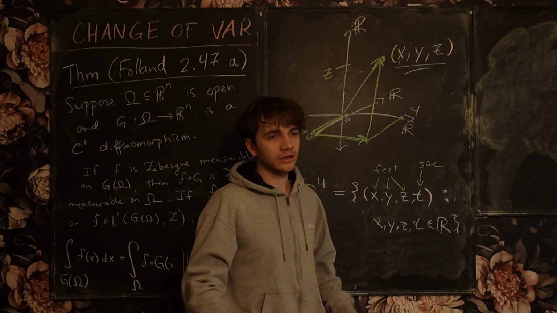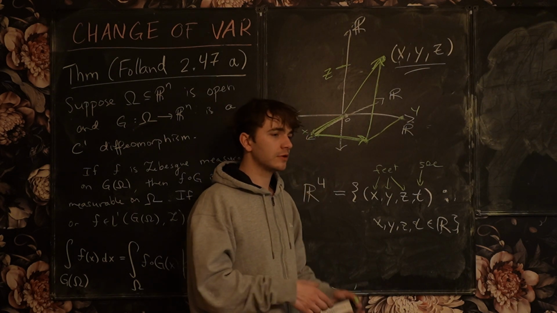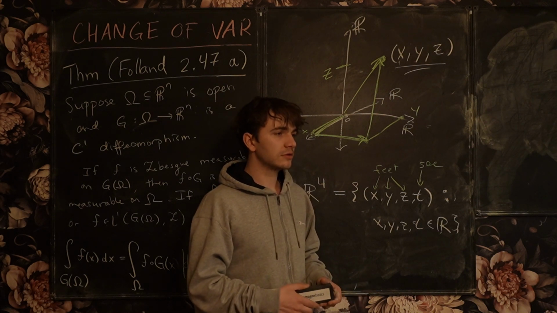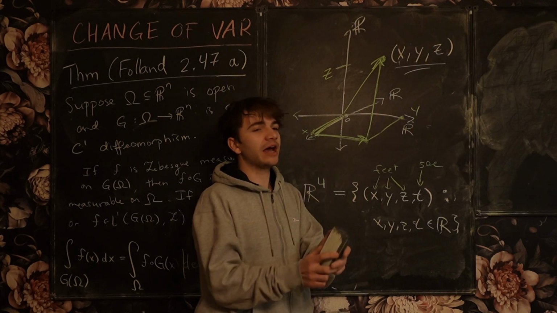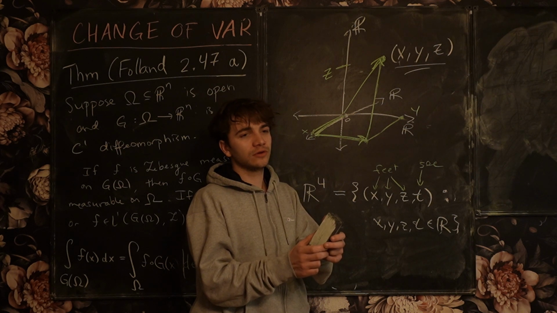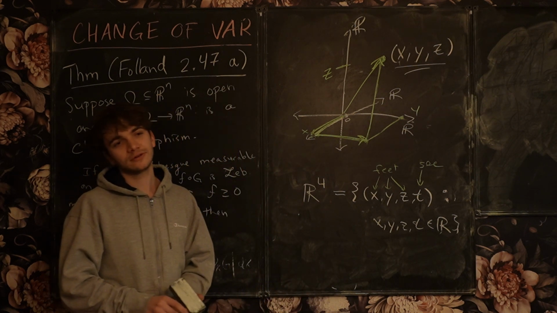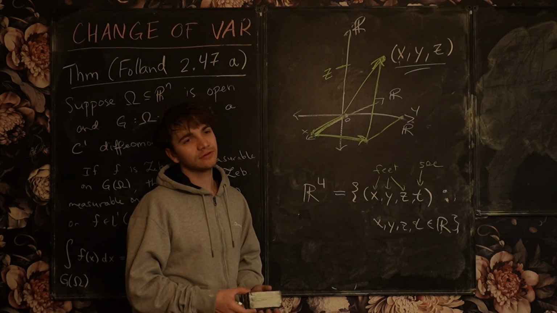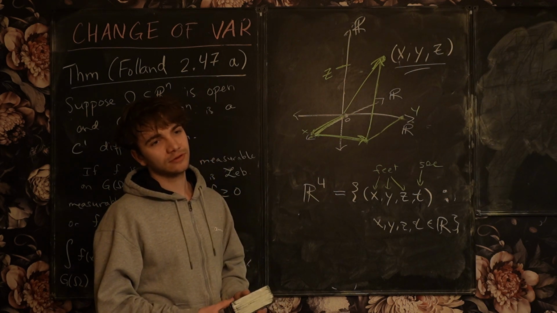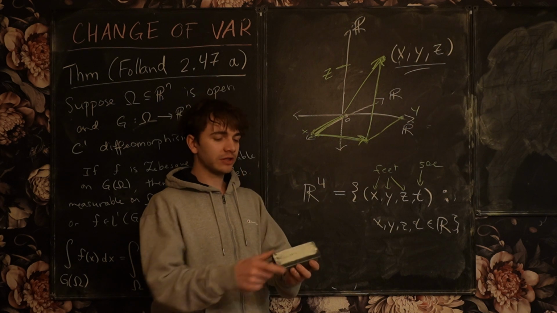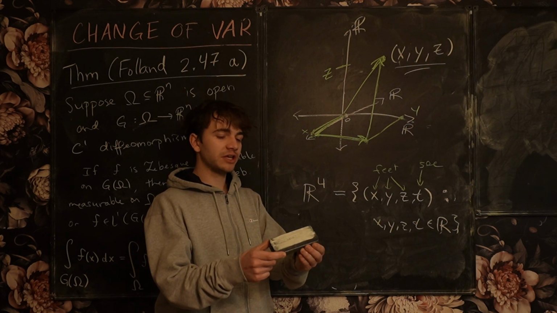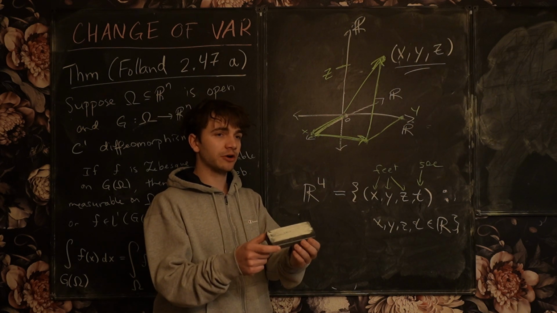So for example, if I throw this eraser up and down, what does that look like in R4? At time 0, the eraser is here, and this is its spatial position in R3.